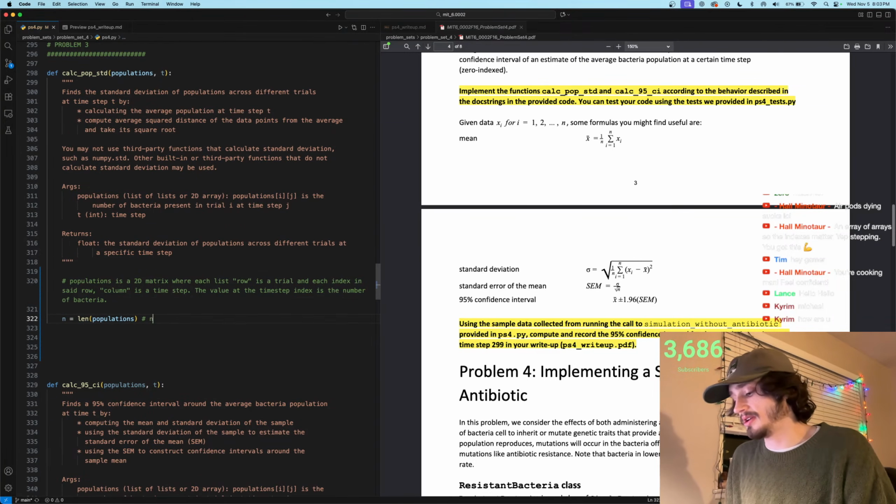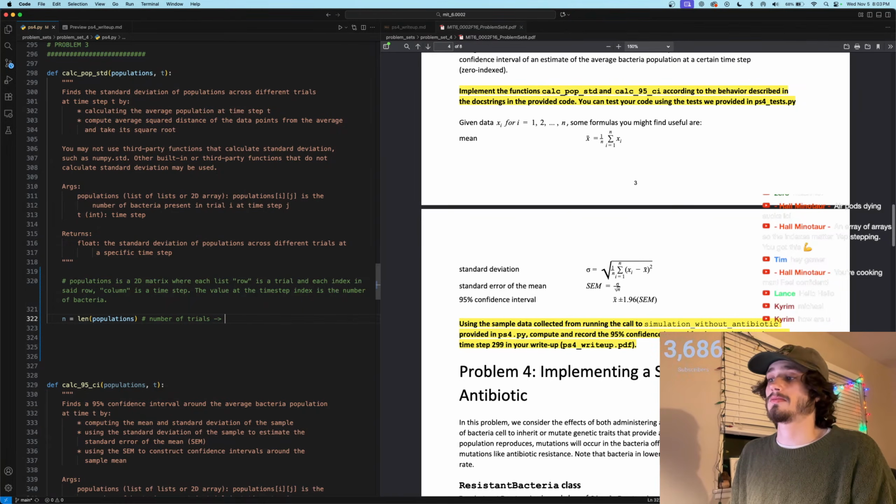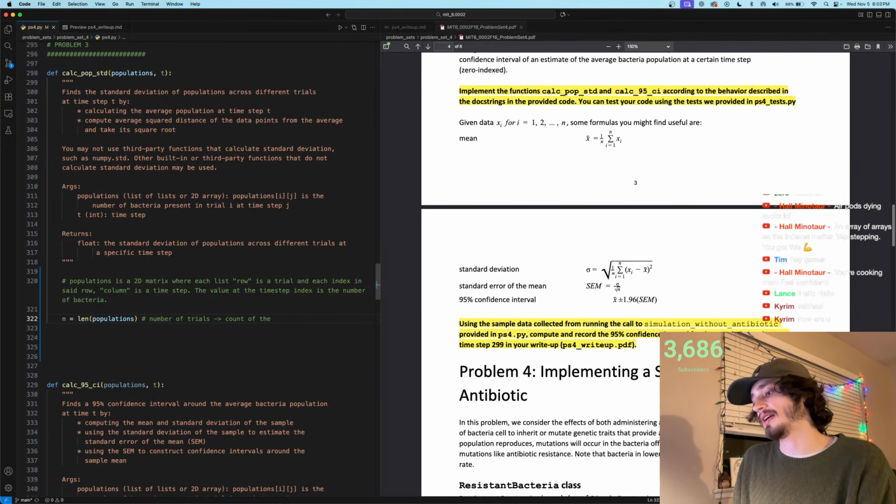So we'll say this is the number of trials, which is the count of the singular time step t, or number of trials.